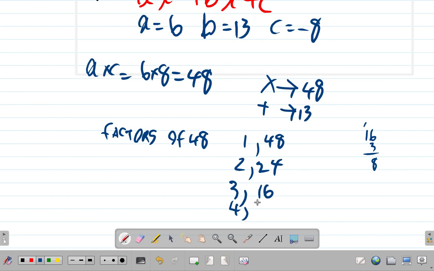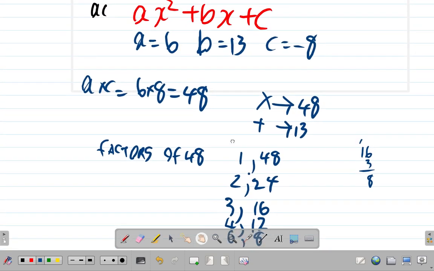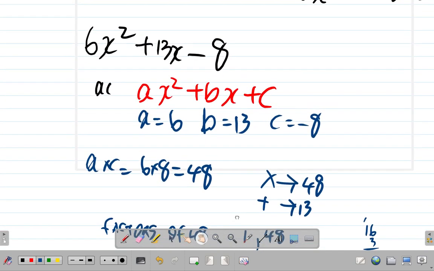You have 4 and 12. You have 6 and 8. All of these pairs of numbers, each of them multiply and give 48. But the question is, which two numbers add and give 13?